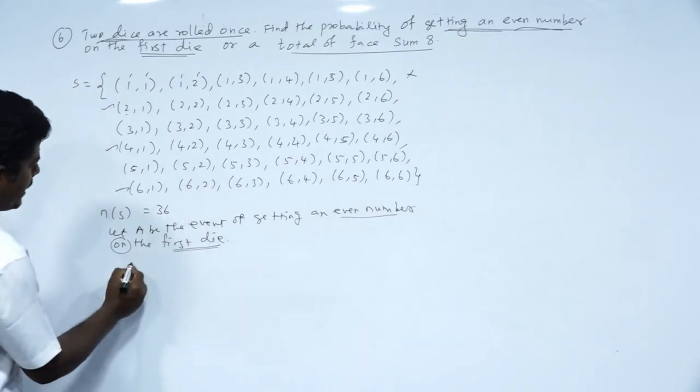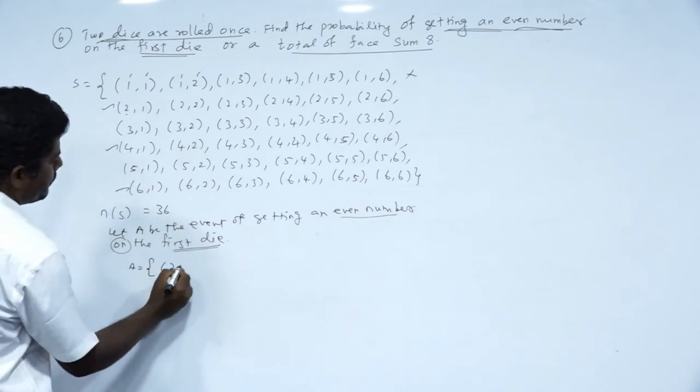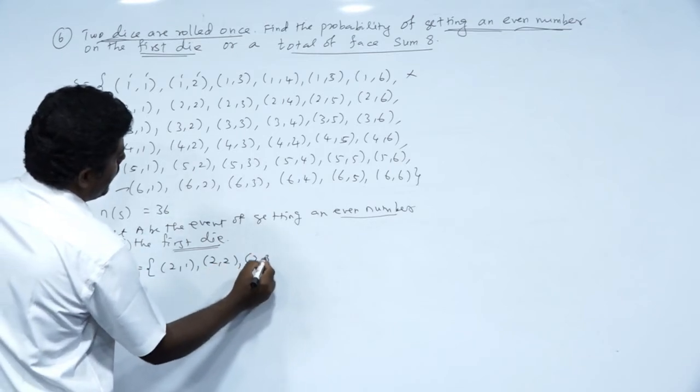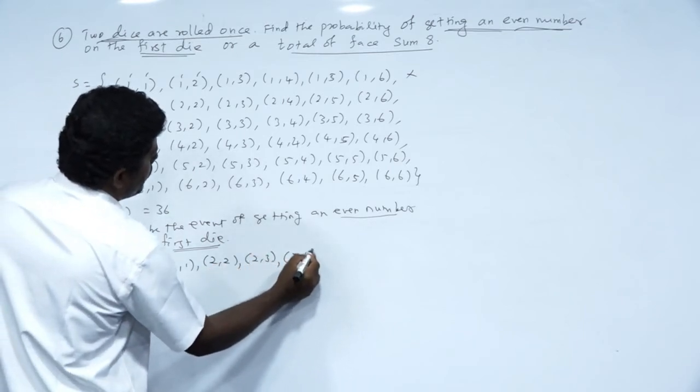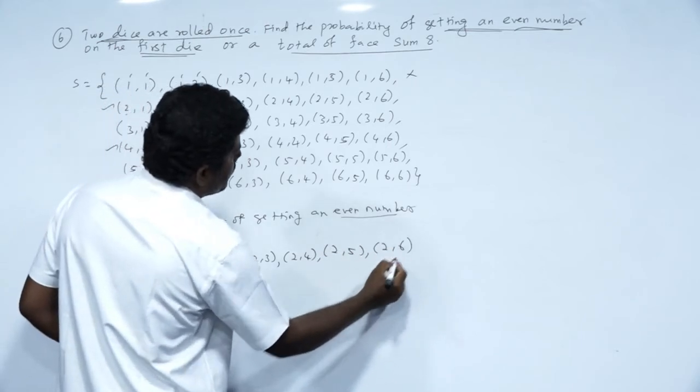So here A is equal to 2,1; 2,2; 2,3; 2,4; 2,5; 2,6.